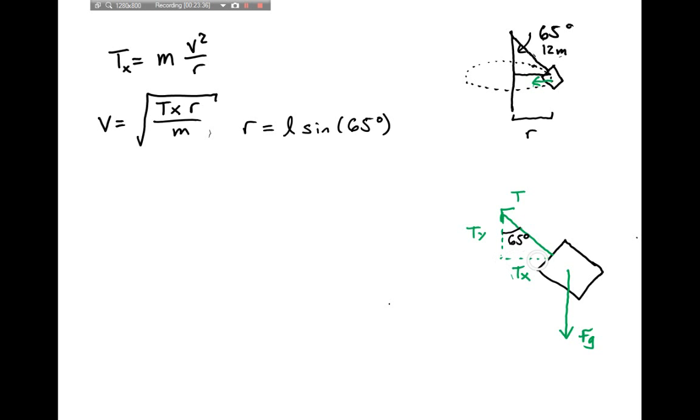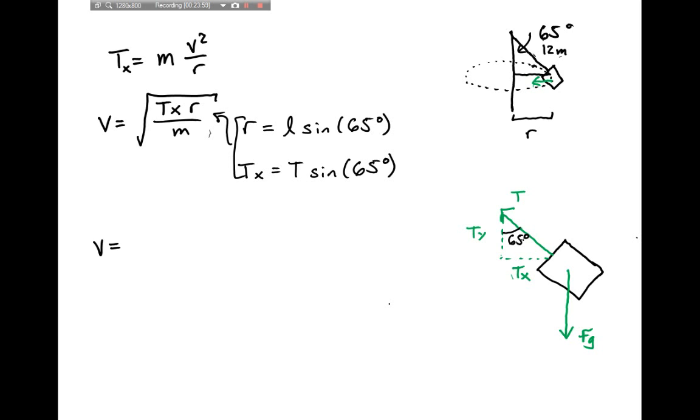Also, the x component of my tension, looking at this triangle right here, is opposite this angle, 65 degrees. So the x component of my tension is equal to the tension in the chain, also times sine of 65 degrees.